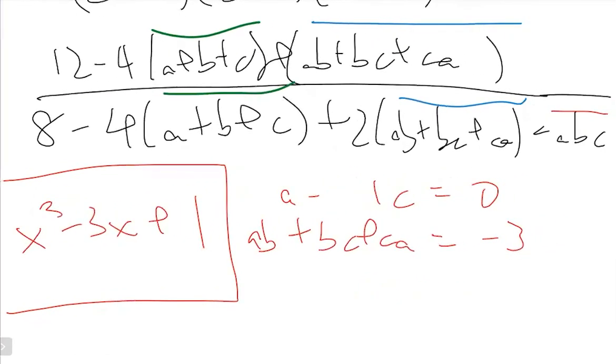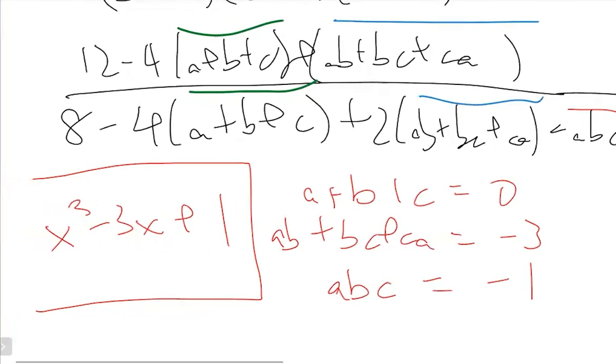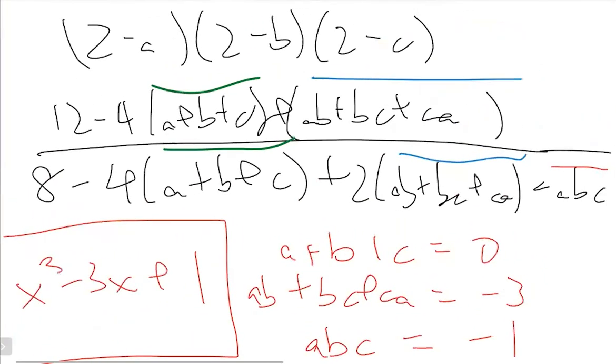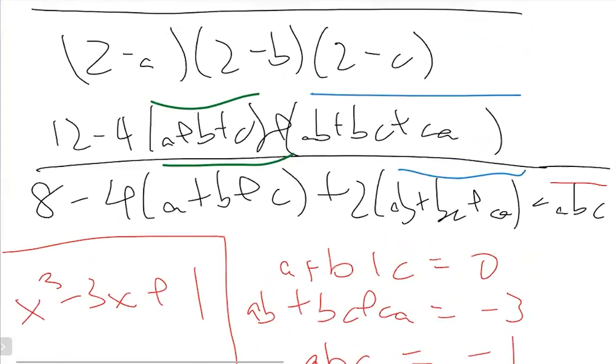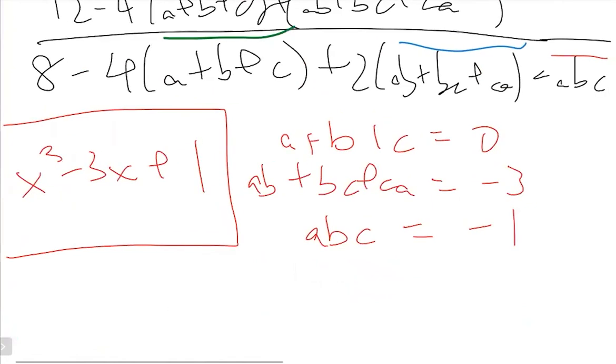Fix this too. abc is equal to -1. Oh, sorry, it's equal to 1. I'm sorry, I copied this expression down wrong. So this is -1 and this is +1.